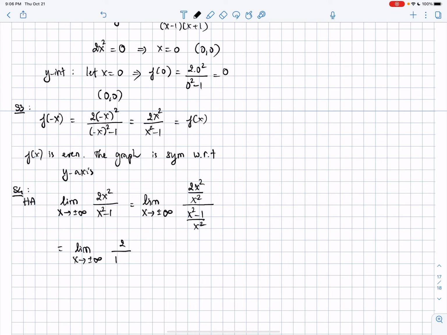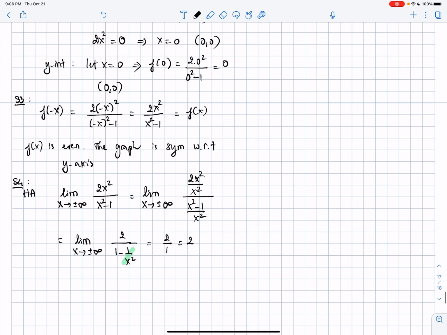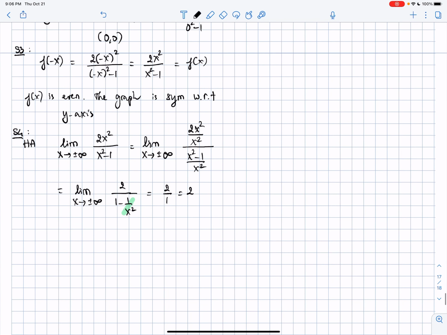In the bottom, we get 1 minus 1 over x squared. When x approaches infinity, this part is 0. Then we will have 2 over 1, and 2 over 1 is 2. Then what can we say about the horizontal asymptote? The horizontal asymptote is y equals 2.